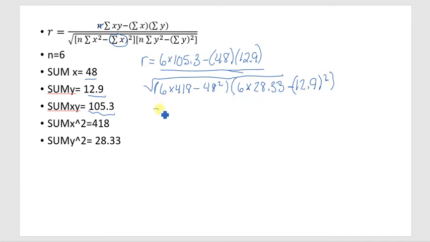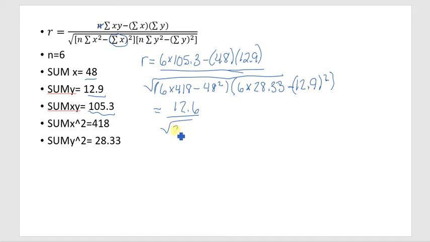Okay, now let's plug this into our calculators. So we have 6 times 105.3 on the top minus 48 times 12.9. Again, all on the top. I get 12.6 on the top. Then I'm going to do this in 2 brackets on the bottom. 6 times 418 minus 48 squared.